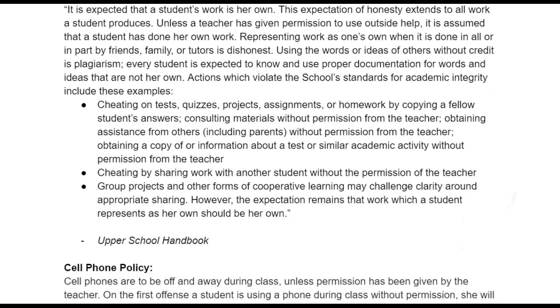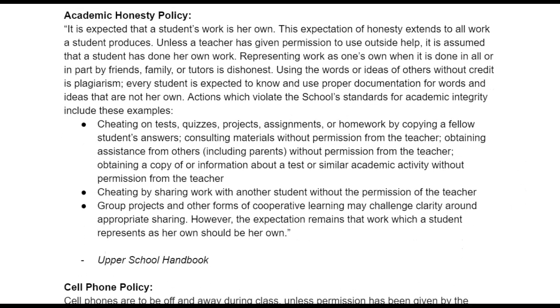We'll hold to that. Academic honesty, this is a substantial thing for me. There's a tricky bit between collaboration and cheating and knowing the difference between the two. Essentially, if two students are collaborating, they will have a common space where they're working, a sheet of paper that they're working together on.